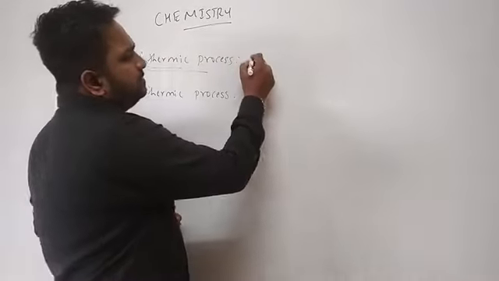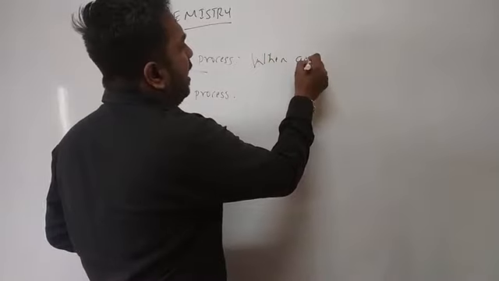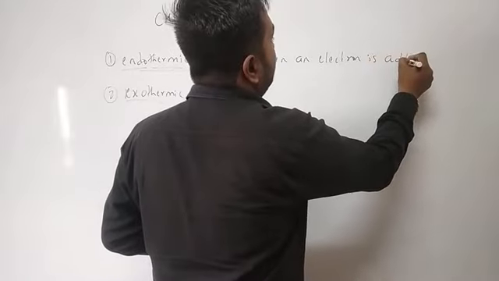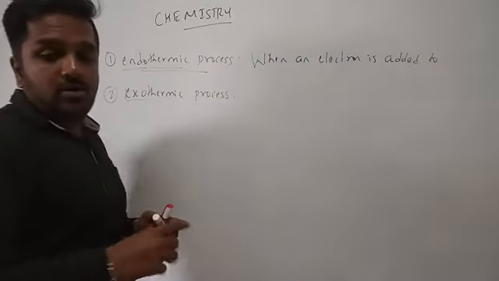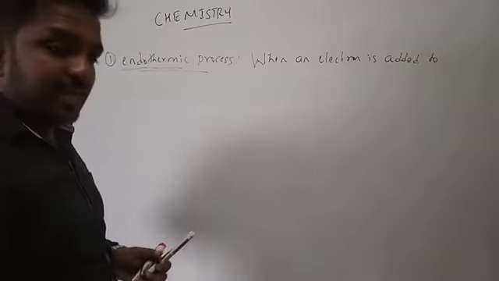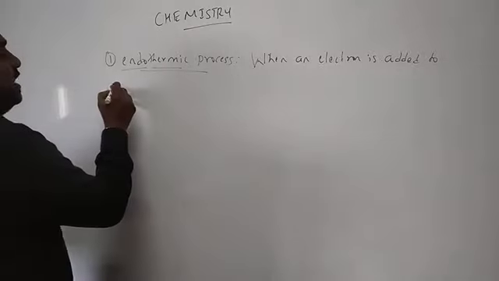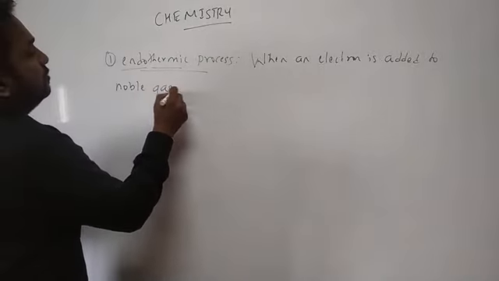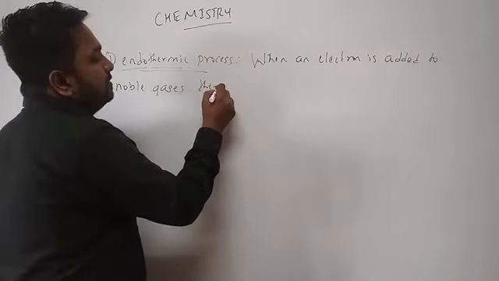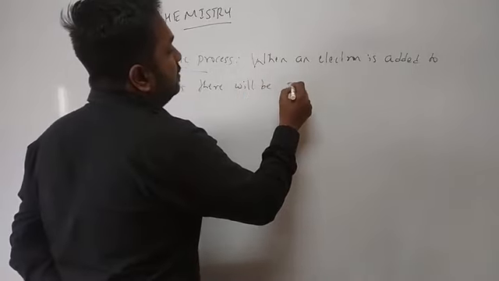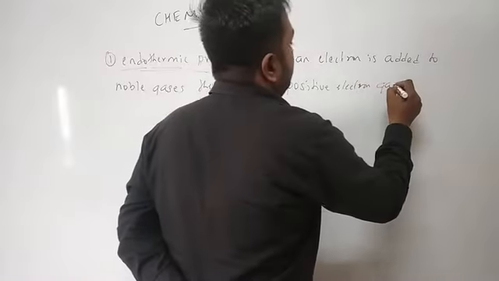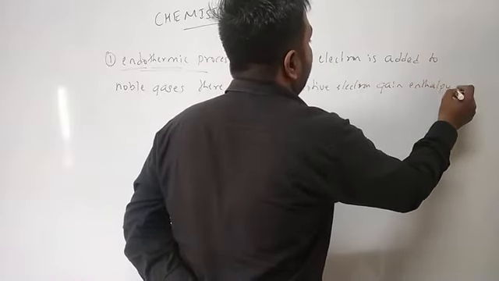When an electron is added to noble gases, that is 18th group elements, then energy is required. That means there will be positive electron gain enthalpy.